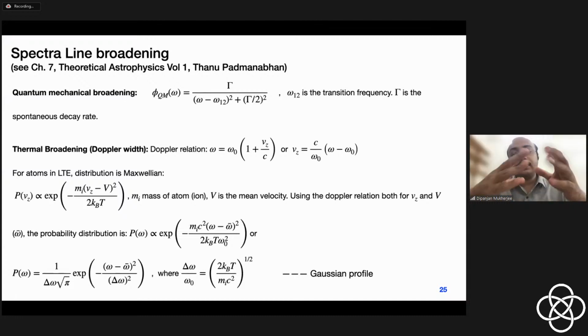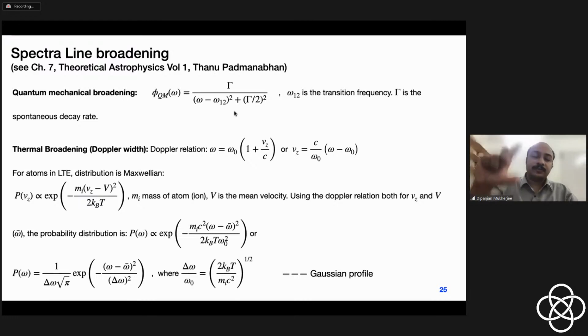So actually, when you look at a spectrum, the total line profile in terms of the frequencies would look something like this, which is a Lorentzian function. So it is not a discrete function, because from the point of view of the Dirac delta function, you can always construct a Dirac delta function such that if this gamma is very small, it will shoot up at omega equals omega 1,2.